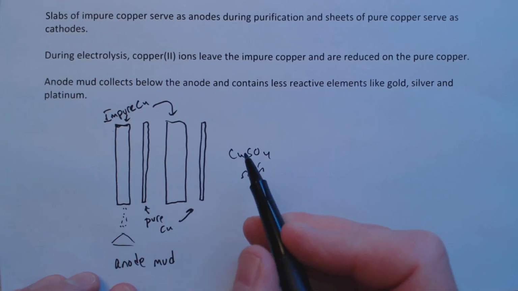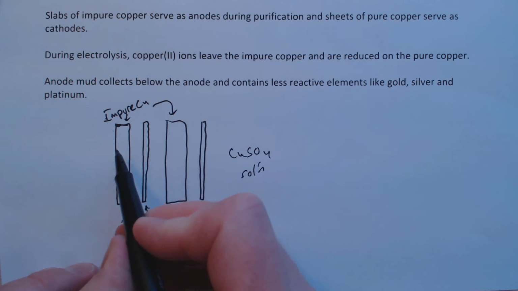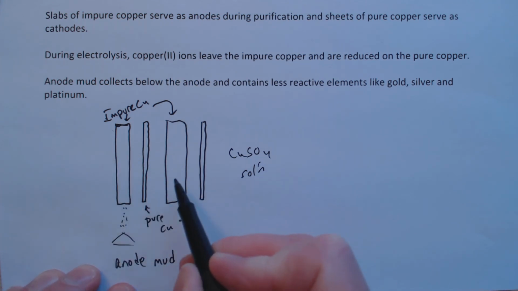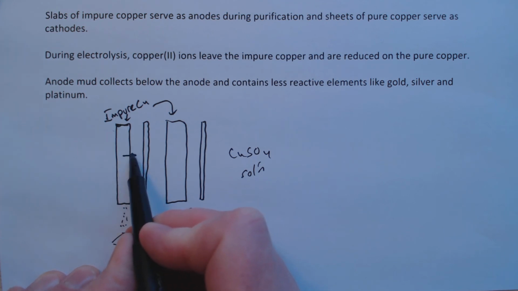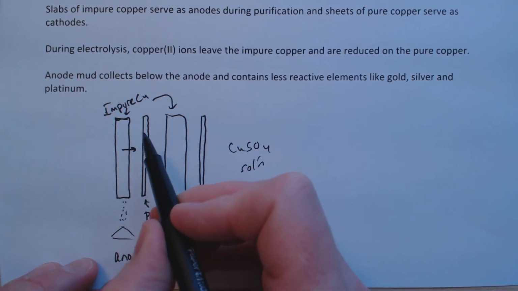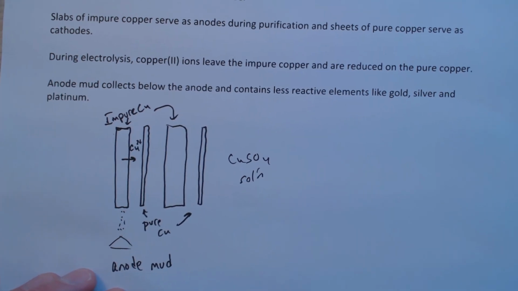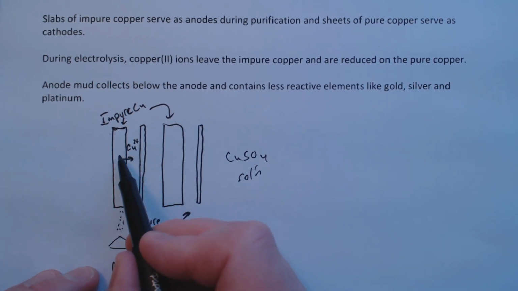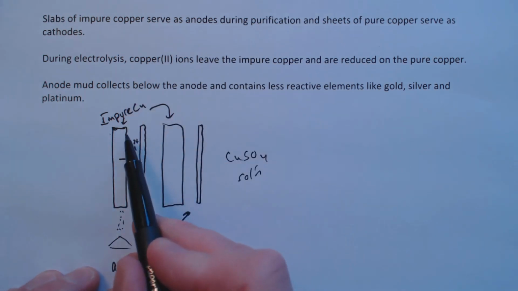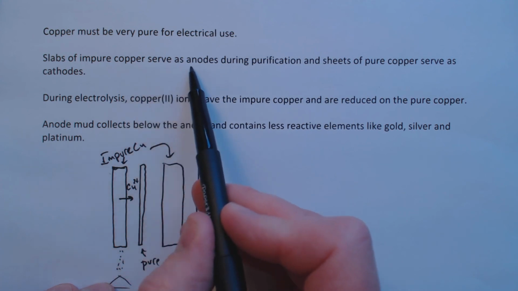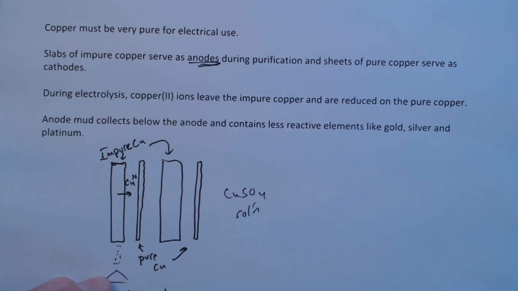And in the process, the impure copper is oxidized to copper 2 ion. So these would be considered the anodes. The slabs of impure copper serve as anodes. That's where the oxidation takes place.